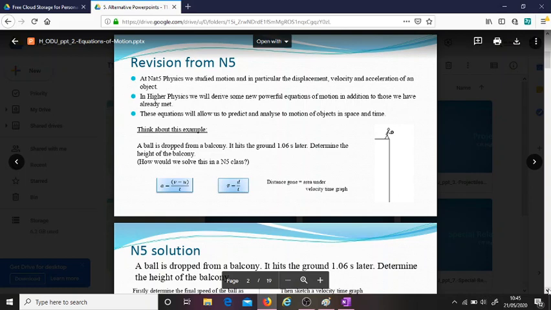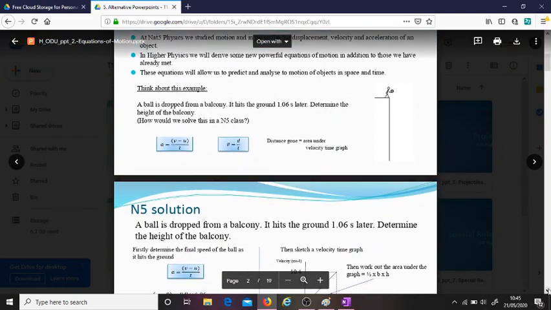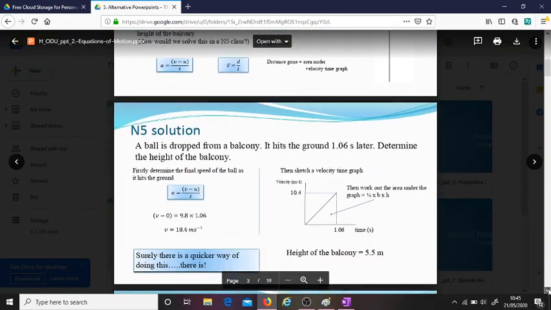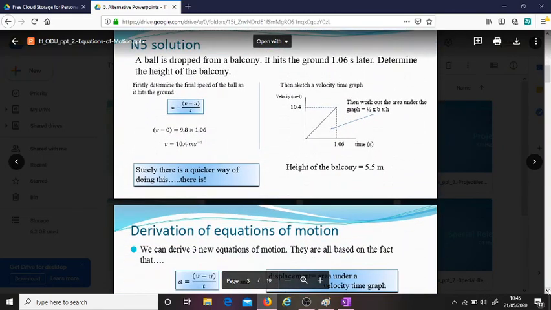We've got two unknowns here, so how would we work this out just using those equations? Well, we could work out the final velocity, because it's being dropped, so the acceleration is 9.8, the acceleration due to gravity. Anything that's dropped has that acceleration of 9.8.